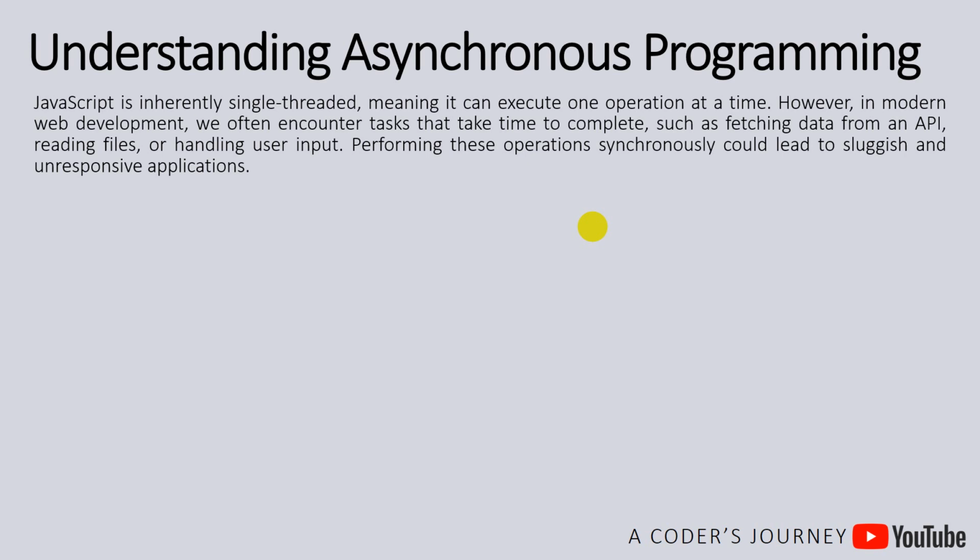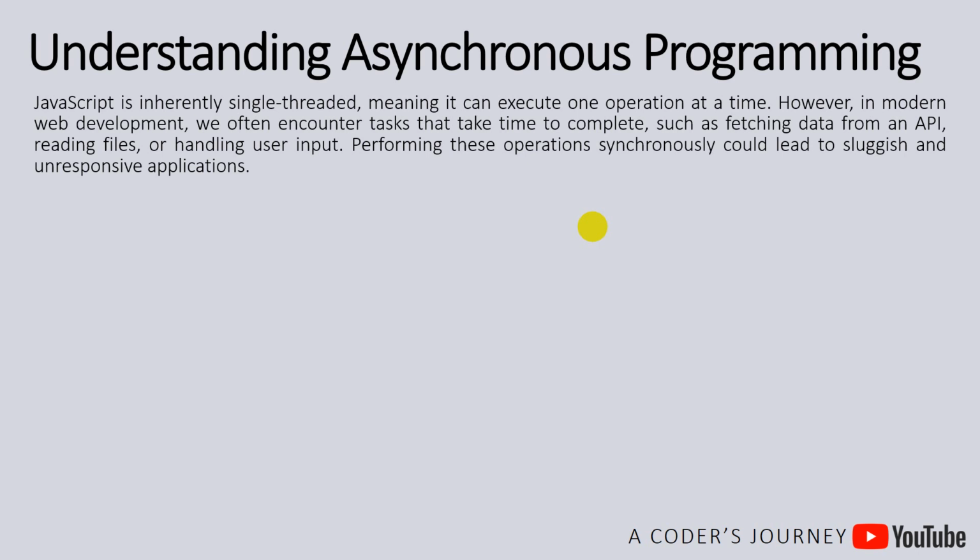However, in modern web development, we often face tasks that take time to complete. For example, when you want to send a request to a backend API and receive a response, you will have to wait for a couple of seconds, sometimes for a couple of milliseconds, in order to receive a response after you send out your request.